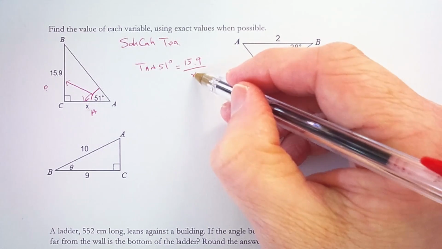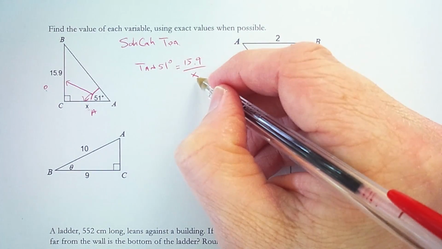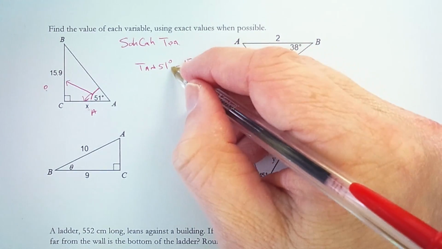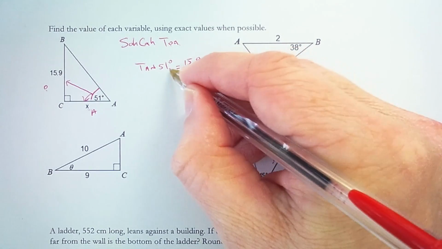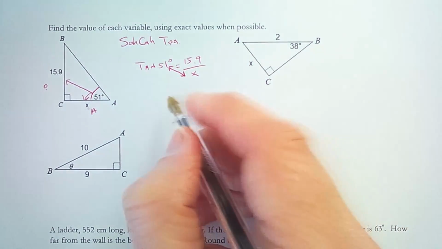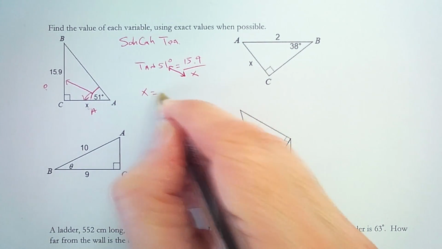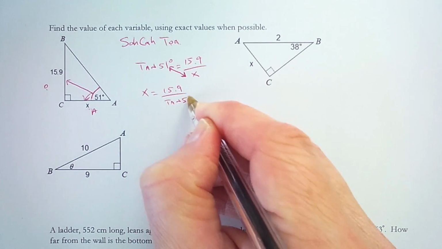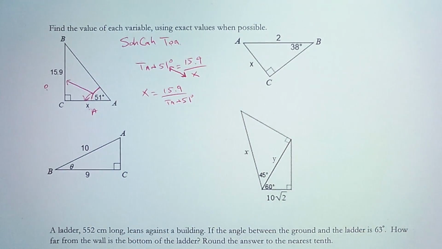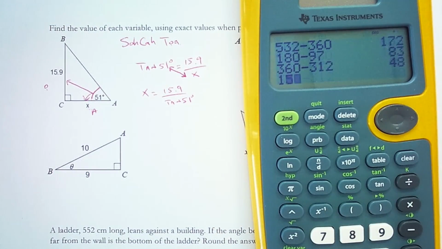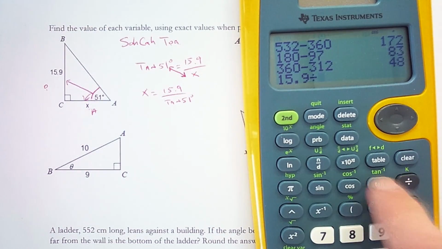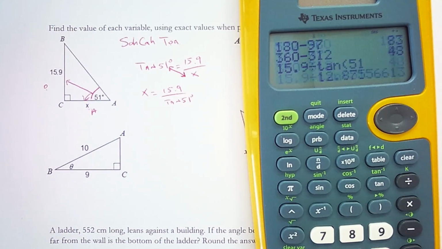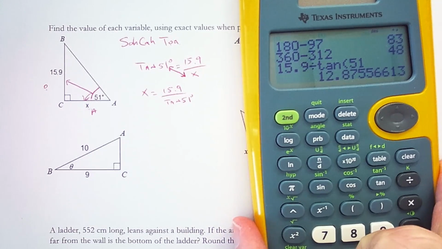When I have a variable in the denominator here, I like to use the property of proportions that says I can switch elements diagonally at any time. So x is 15.9 divided by tangent 51 degrees. So 15.9 divided by tangent 51 is 12.88.